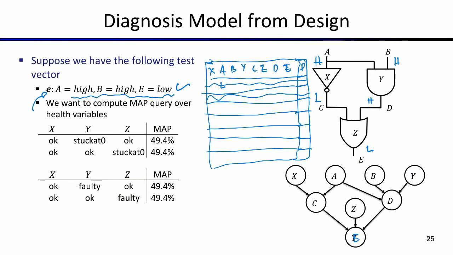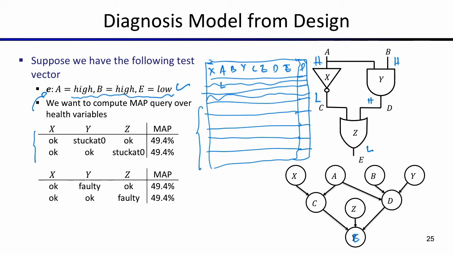For the remaining rows, I look at the probabilities and see which one has the highest probability. This is the answer for my MAP query: the instantiation that has the highest probability. In this case, there are two instantiations with this highest probability.